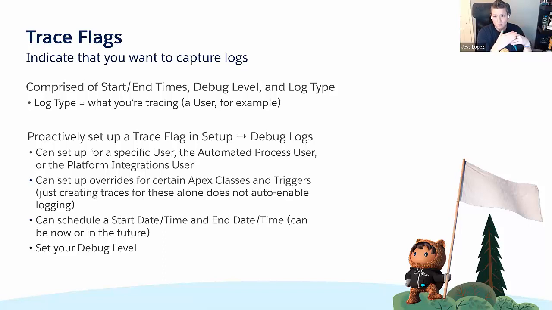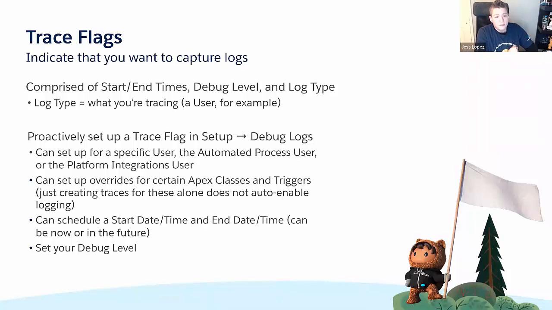And so what that would do, again, is override my user trace settings for that particular Apex class, and then put that granular information about that Apex class in my log. So again, just doing the trace on an Apex class or trigger alone doesn't auto-enable any logging of any kind. You have to have a user trace as well. This is just an override.